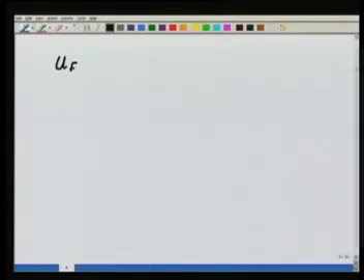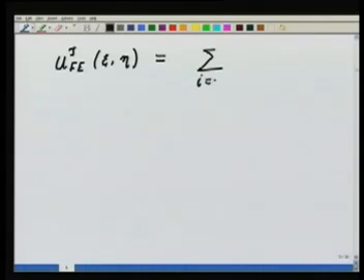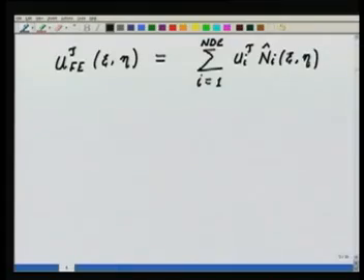So the next job is that given these shape functions, now I can have the u finite element in the element tau written in terms of psi and eta in a generic element, given as the sum over i equal to 1 to the number of degrees of freedom in the element, u_i tau for the element, N_i hat as a function of psi, eta. This is the representation in the element.